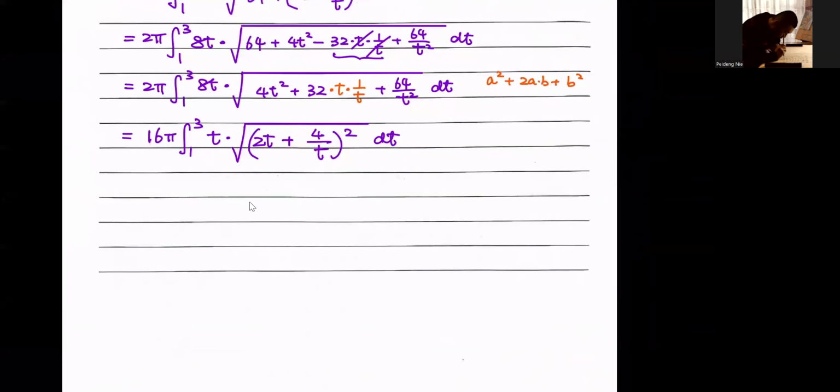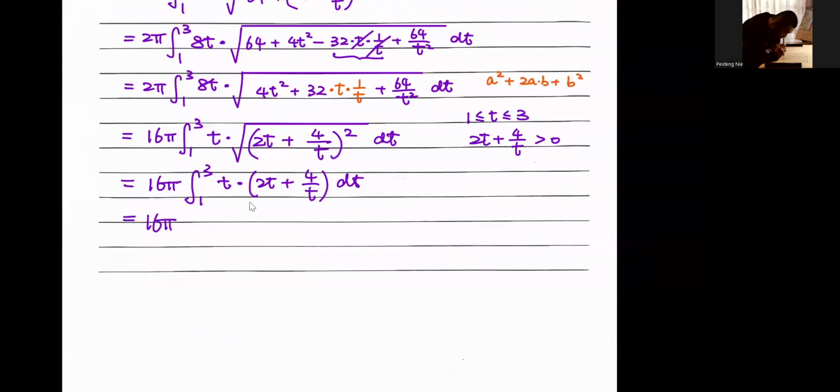Something along these lines. And the square root and the square will be canceled out. Also notice that the t value is between 1 and 3. Therefore, you argue 2t plus 4 over t must be positive. You don't need to add absolute value. So you should have 16 pi 1 to 3 t times 2t plus 4 over t dt.